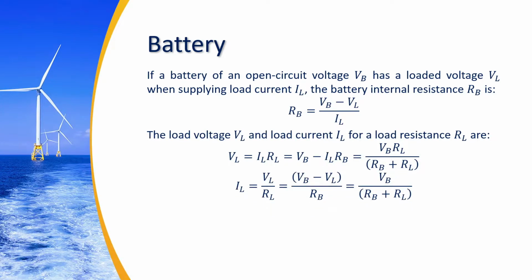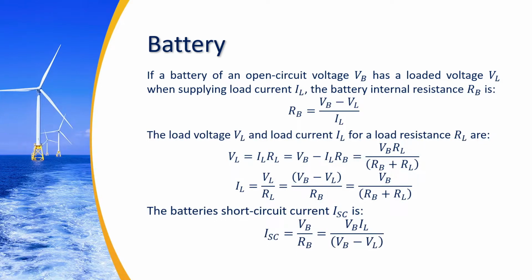Or, yung IL naman natin, equivalent siya sa VL/RL or (VB - VL)/RB, or equivalent din naman siya sa VB/(RB + RL). So, the battery's short circuit current ISC is VB/RB, or equivalent naman siya sa VB IL/(VB - VL).